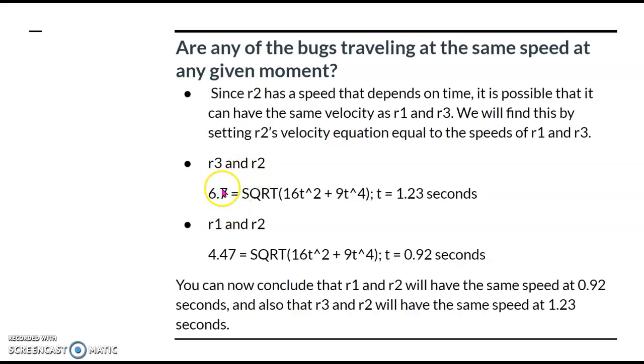We set the square root of 16t squared plus 9t to the fourth equal to 6.7. And we see that at t equals 1.23 seconds, those magnitudes are going to be the same, so they're going to be traveling at the same speed. Same thing with R1: set that equation equal to 4.47, and we see that t equals 0.92 seconds.